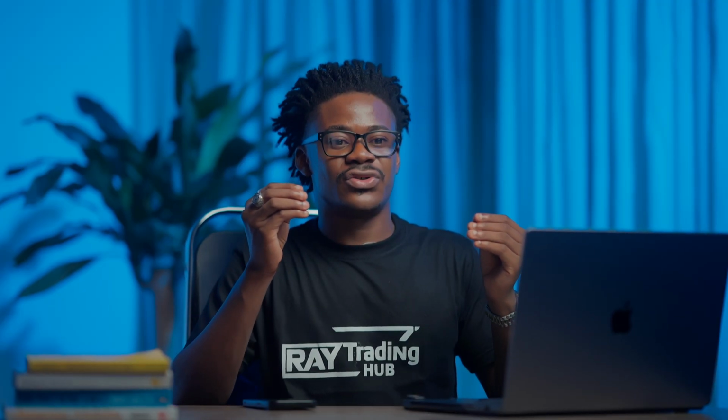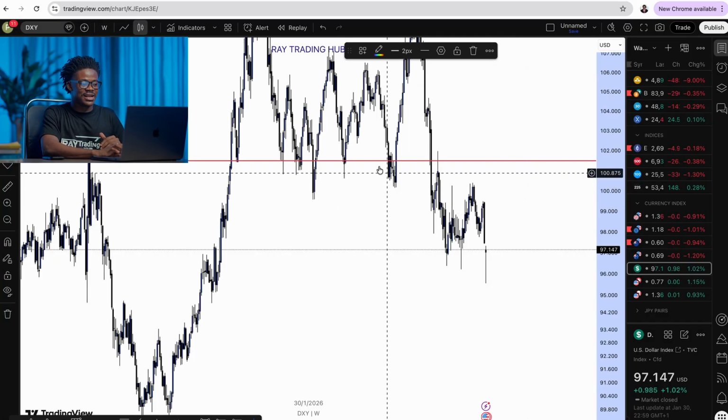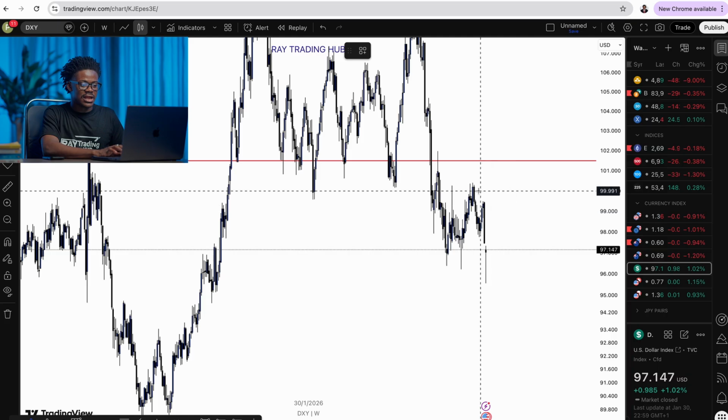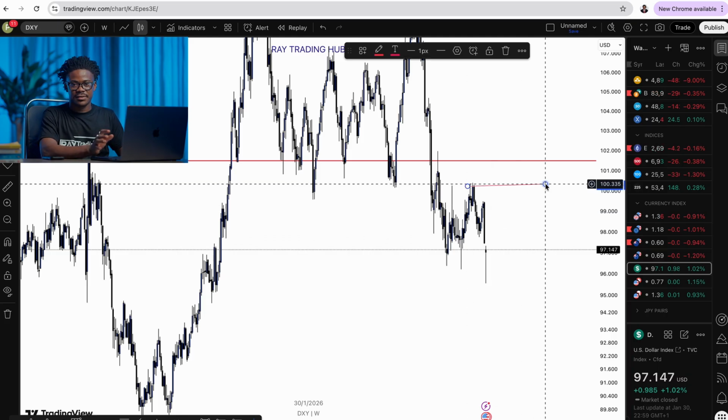So if the next candle opening is a bullish engulfing or a momentum candle, that tells us the dollar index is likely to have a short-term buy to the upside. And if it invalidates this particular high, then we are going to have a long-term buy to the upside.